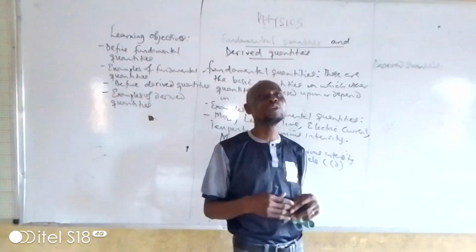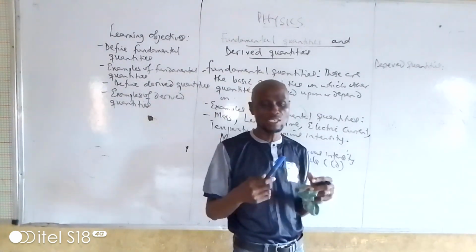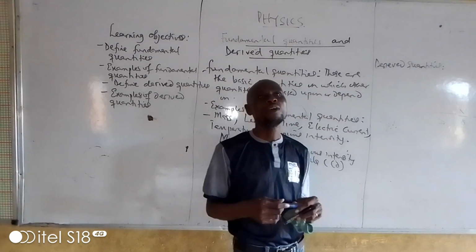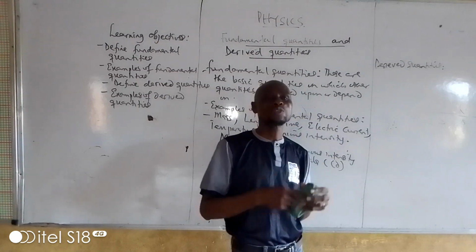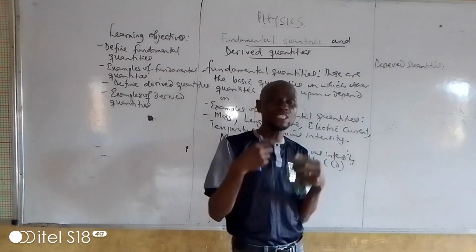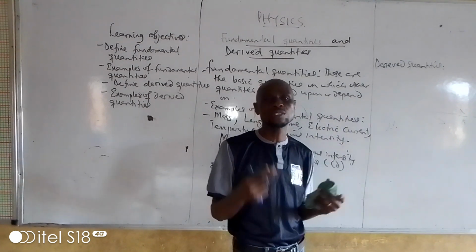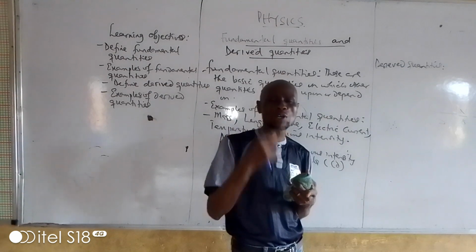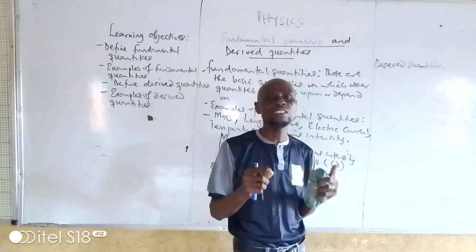So that means that if there is no fundamental quantity, there can never be derived quantity. We can get derived quantity by division, by multiplication, or by other methods from fundamental quantities.